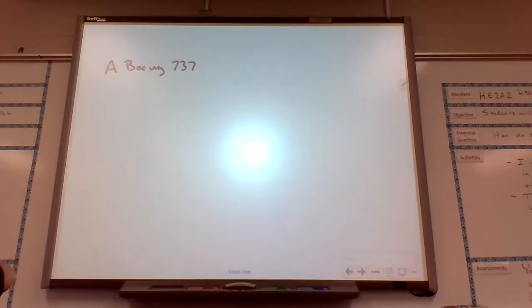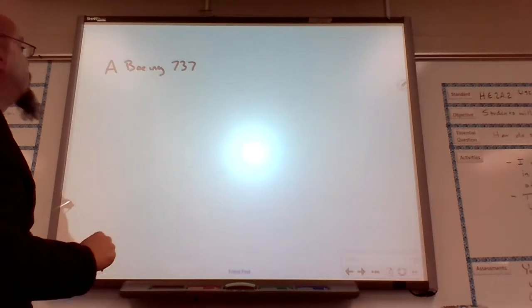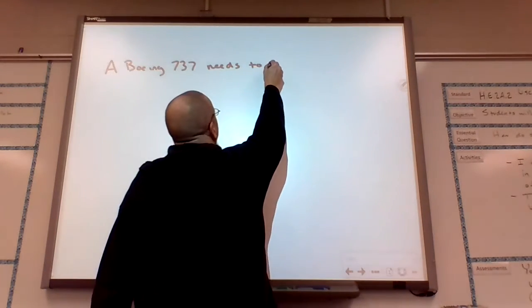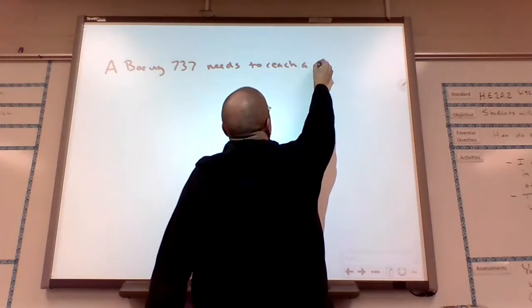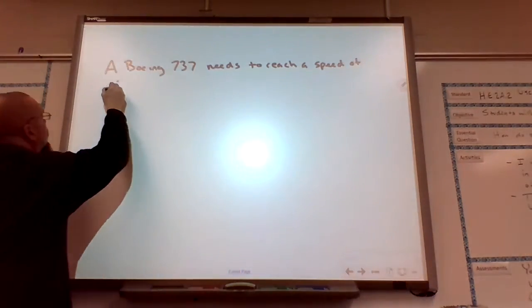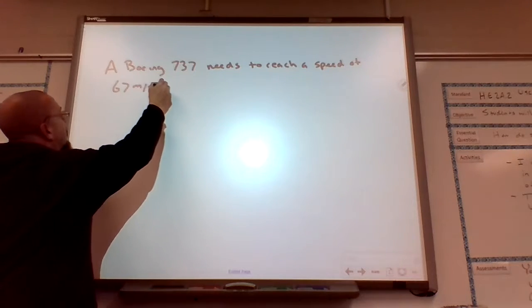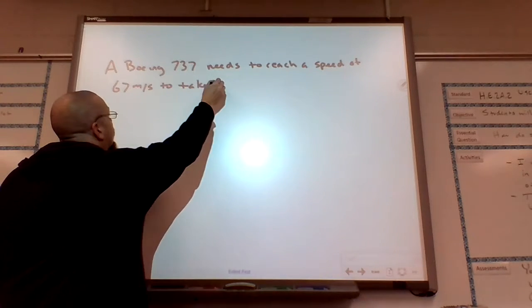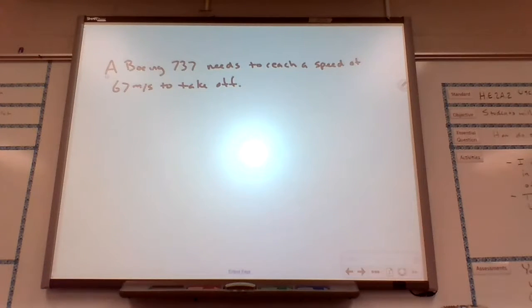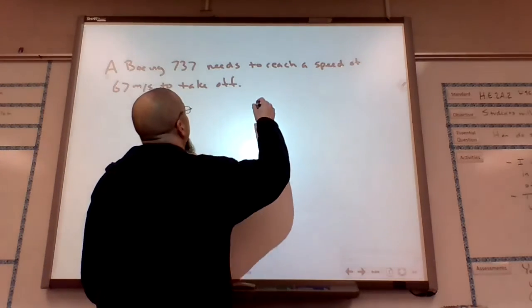A Boeing 737 needs to reach a speed of about 67 meters per second to take off. Let's say that this Boeing 737 is at an airport that has a 2,500 meter long runway.